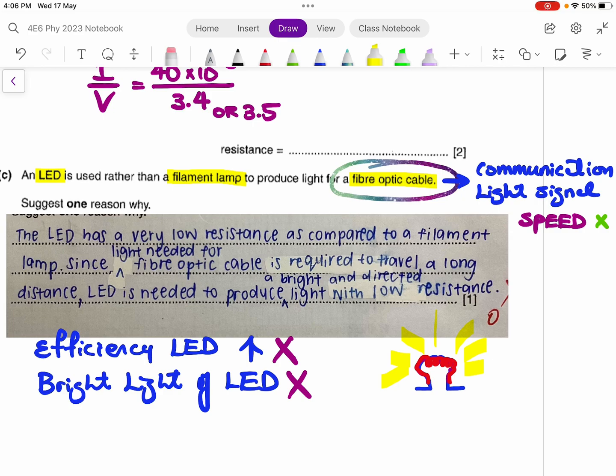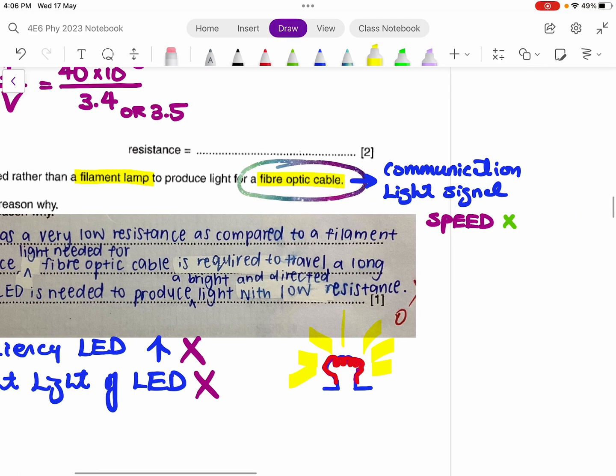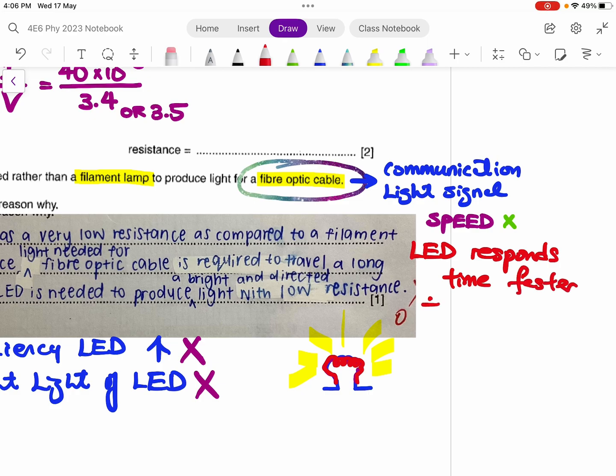Many steps, right? So when you turn on and turn off a filament lamp, the response time is actually slower than your LED. Okay, so actually the answer for this is that for your LED, the response time is actually much faster than your filament lamp.